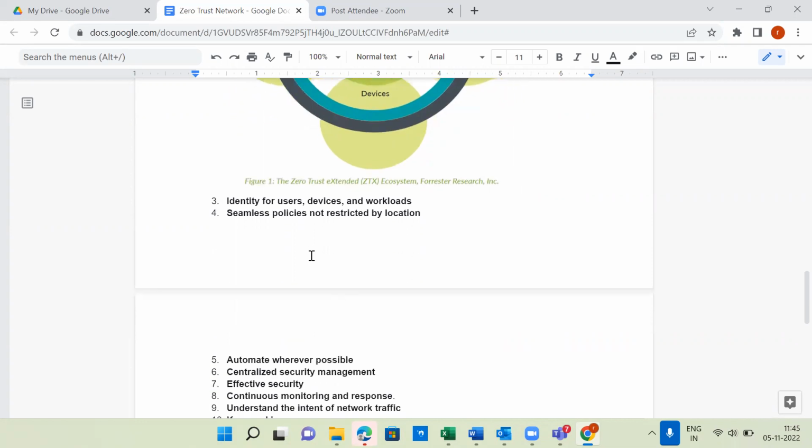Fourth one is seamless policies not restricted by location. So we have to implement a zero trust data center, especially on the users and apps and workloads. Always it is dynamic in nature. As I said, we have to implement and create organization-wide security policies as well as applications wherever they are going, to limit potential attack vectors.